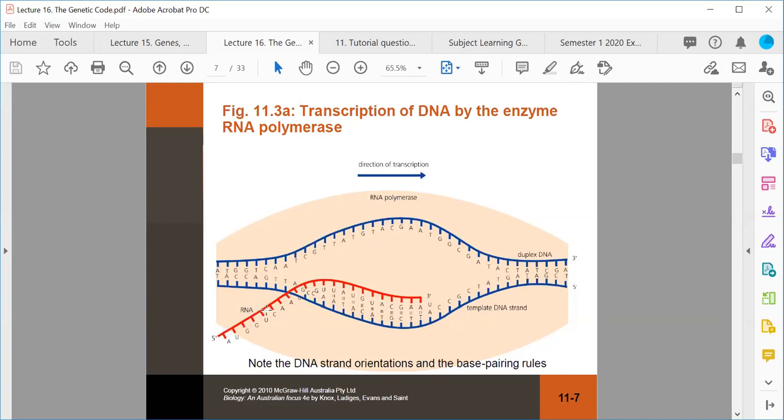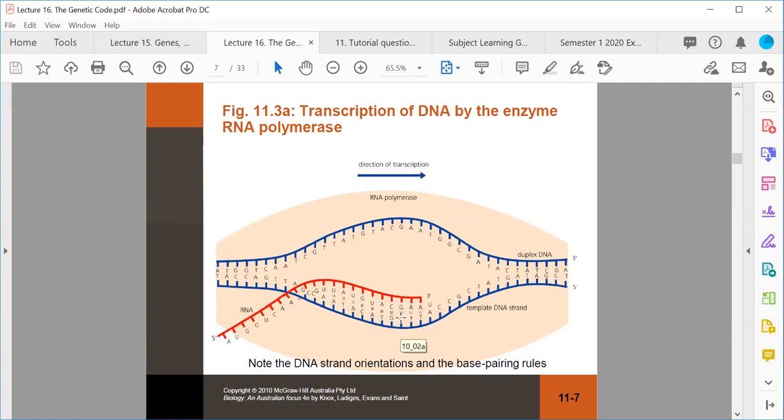All right, so this part of the RNA has already detached from the template DNA strand, and let's just look at the base pairing rules here. So where there's a T in the DNA, there'll be an A in the RNA.